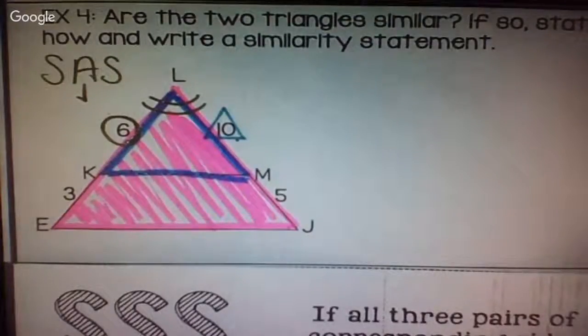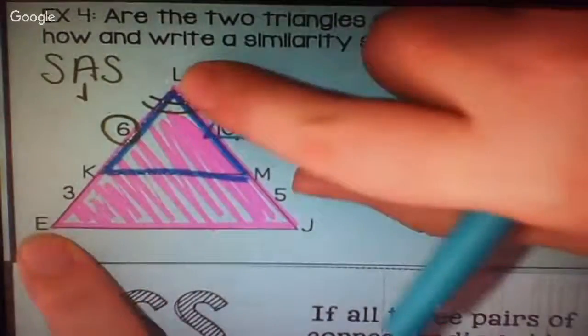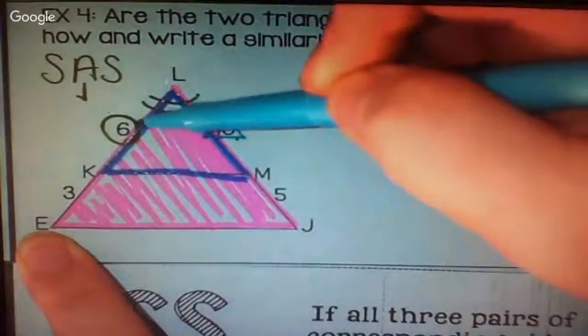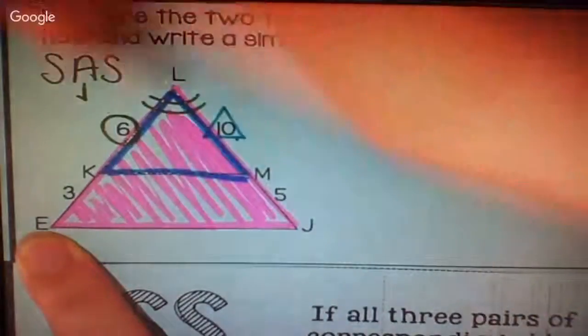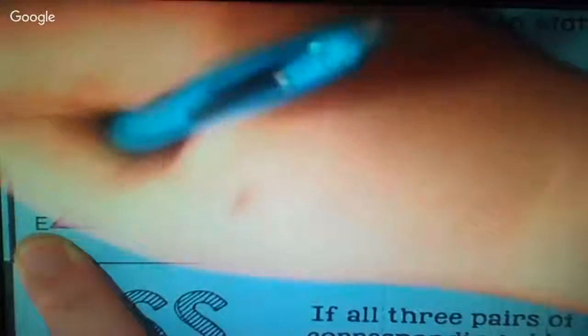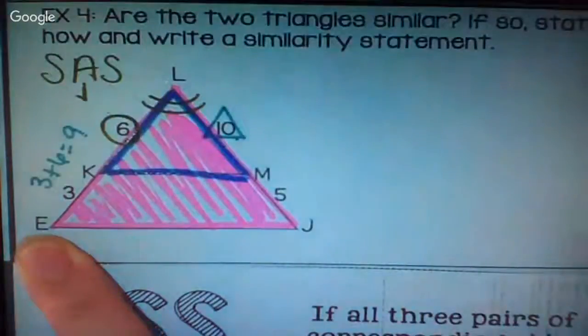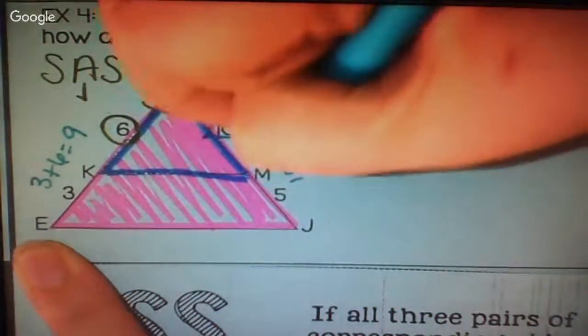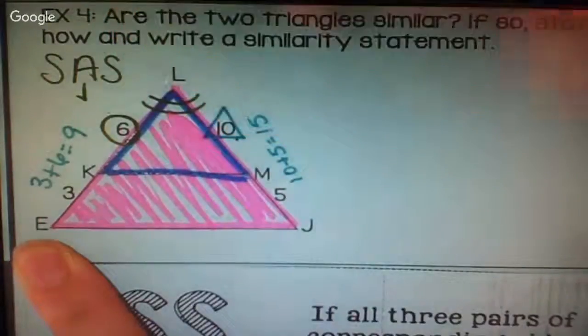Add them together. It's one big triangle, so it's this entire side. This small piece is 3, this other piece is 6, so 3 plus 6 gives me 9. Same thing with the other side. I've got 10 and 5, which makes my big one 15.